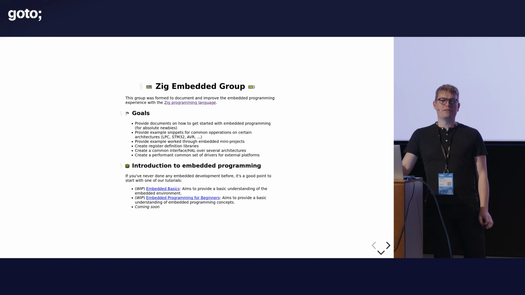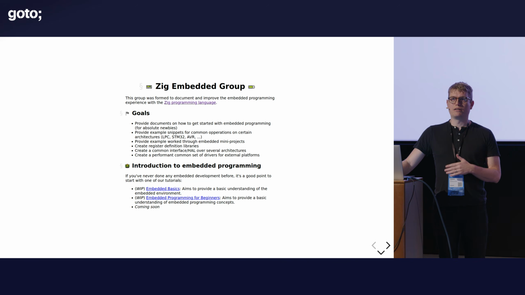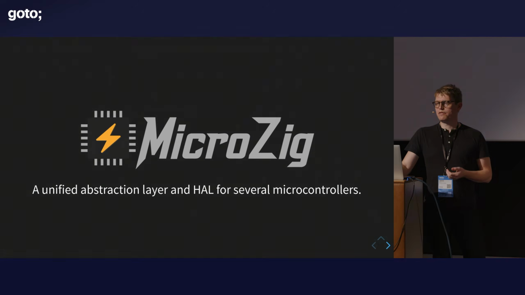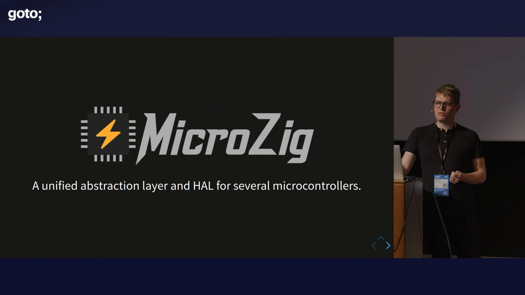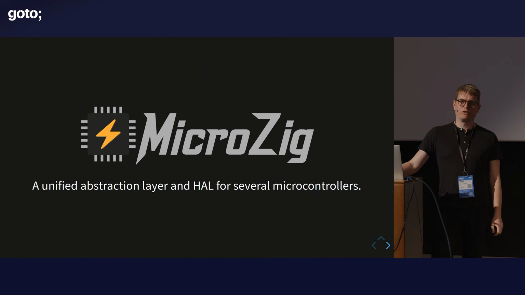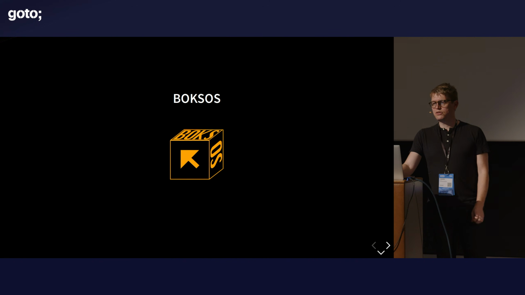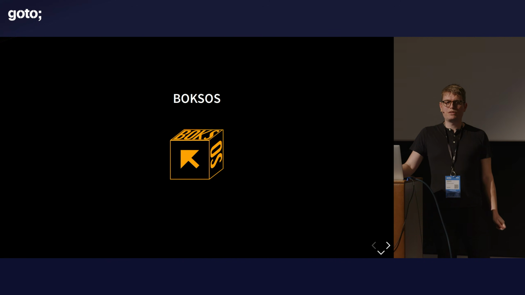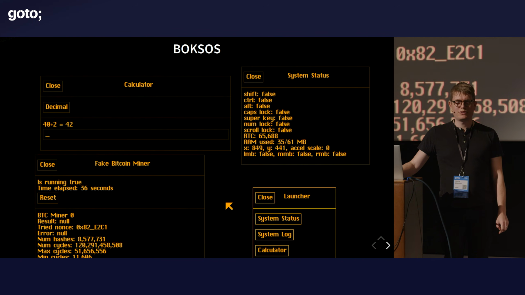Finally, we have the Zig embedded group. These are some people who are working on trying to make embedded programming smooth and pleasant with Zig. They have a project called MicroZig, which is a unified hardware abstraction layer for several microcontrollers. We have BoxOS. Someone's working on an operating system in Zig. Looks kind of like this.